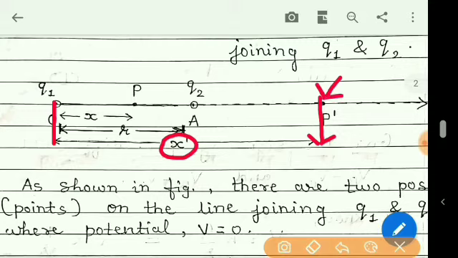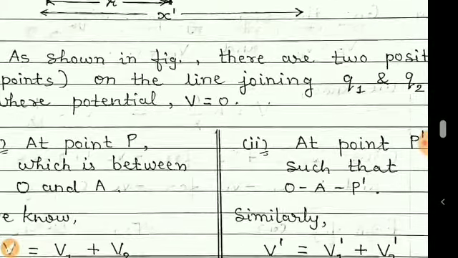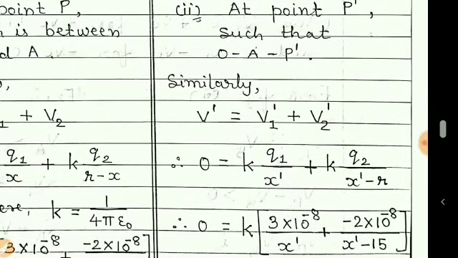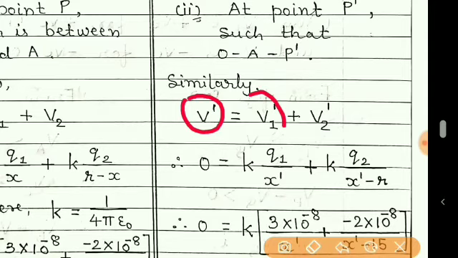Now here we have taken this distance X dash, and now applying the method, that potential V dash, which is at point P dash, is equal to the potential due to first charge V1 dash plus potential due to second charge, that is V2 dash.